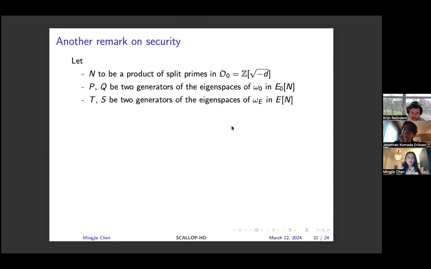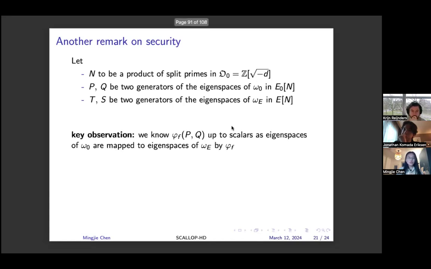And let T, S be two generators of eigenspaces of omega E in the N torsion of E. The key observation here is that we know the evaluation of phi f on P and Q up to scalars, as eigenspaces of omega 0 are mapped to eigenspaces of omega E by phi f.